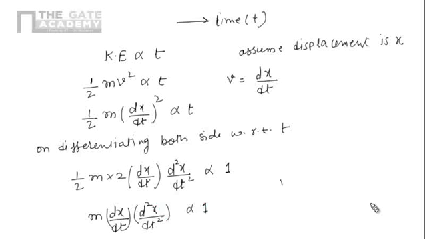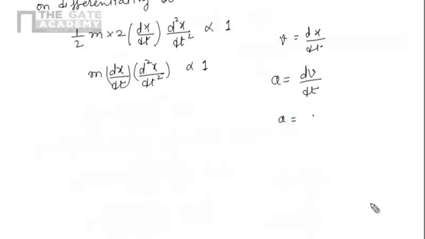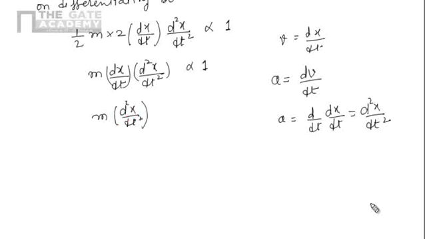If v equals dx by dt, then acceleration is nothing but the rate of change of velocity with respect to time. So for acceleration, I will have d by dt of dx by dt, which is nothing but d square x by dt square. So I can write m d square x by dt square times dx by dt is proportional to 1. In place of d square x by dt square I can write a, and in place of dx by dt I can write v.